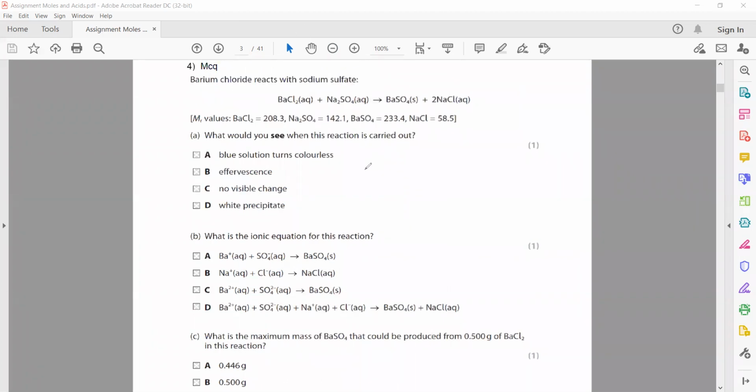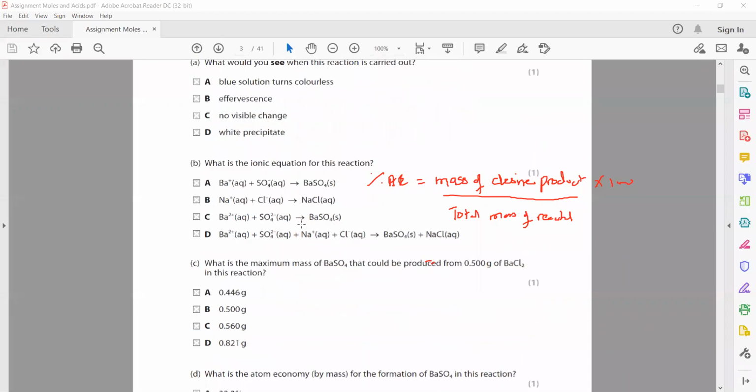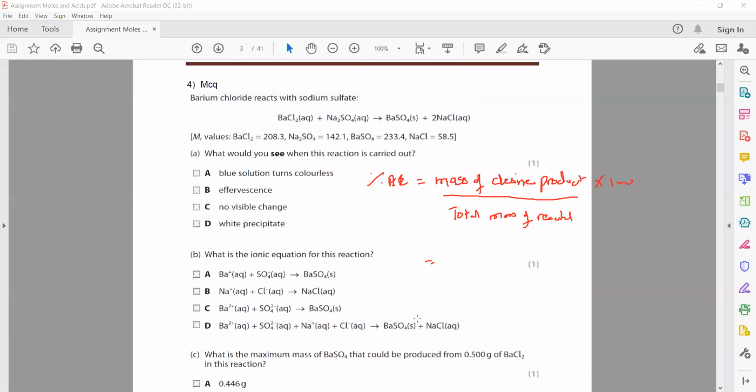So we want to work out the percentage atom economy, which equals the mass of desired product divided by total mass of the reactants, times 100. Because we are finding the atom economy for barium sulfate, that is our desired product.